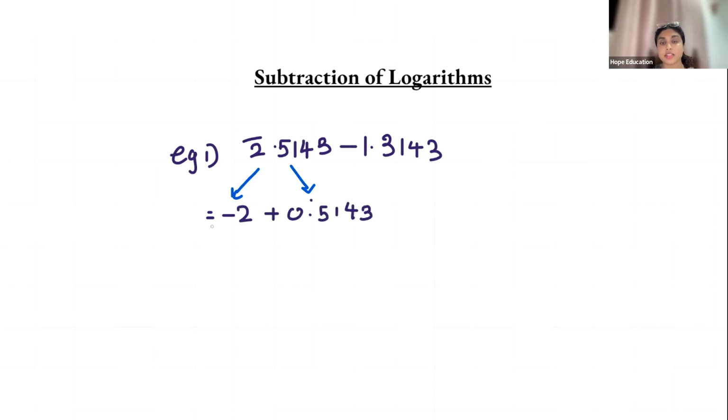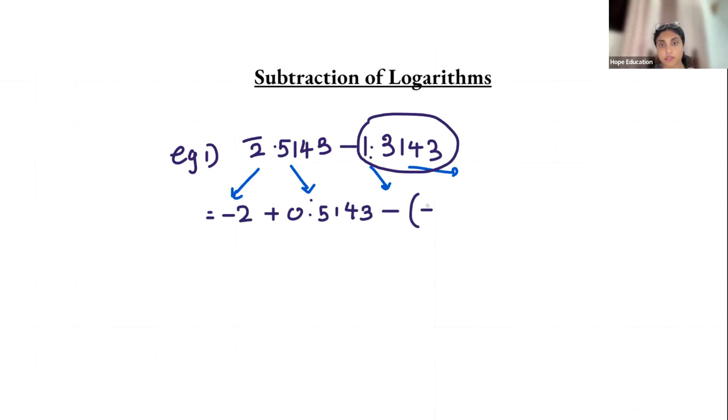Here also I have to separate the characteristic and mantissa, no? Here I write the minus separately, and here the characteristic is +1, right? If you only take this one, that is 1.3143. So the minus is separate, so I put the minus too. Then 1.3143 I write as +1.